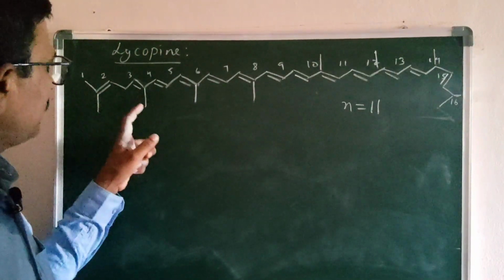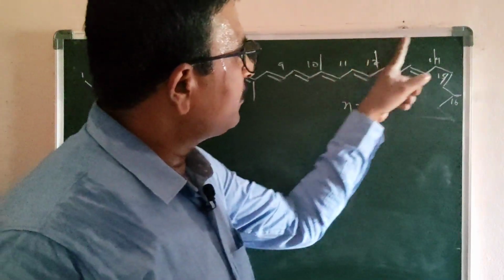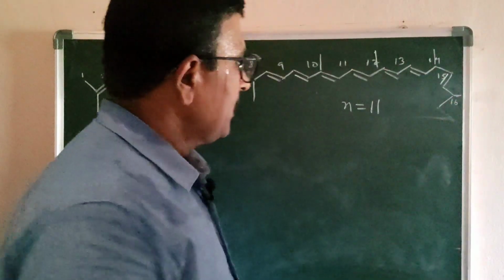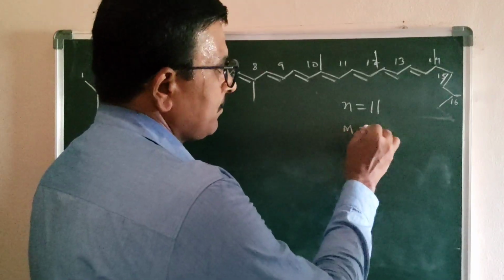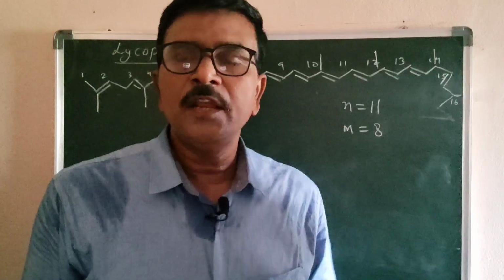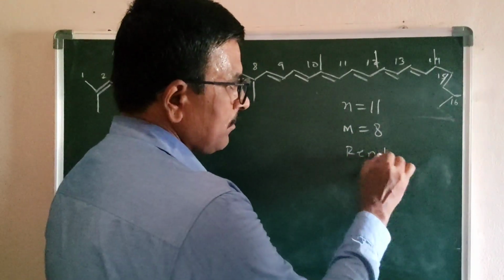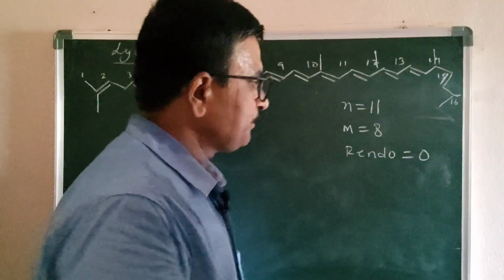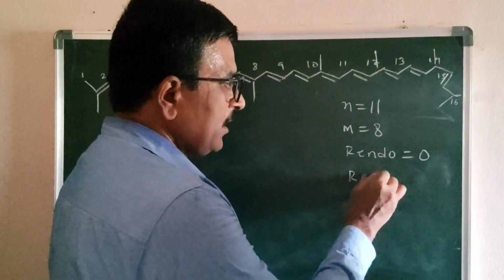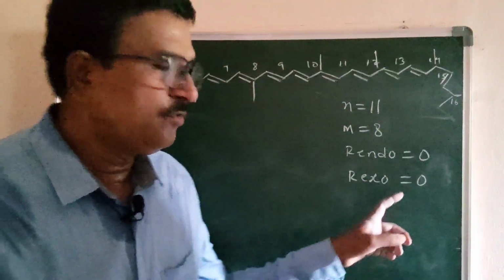This is 1, this is 2, 3, 4, 5, 6, 7, this is 8. M is equal to 8. Endocyclic double bonds are absent, R endo is equal to 0. Exocyclic double bonds are also absent, R exo is equal to 0.